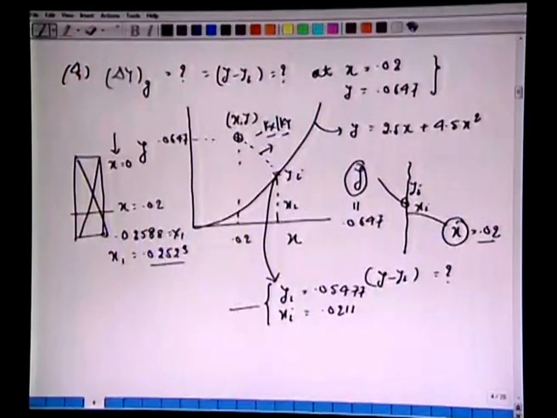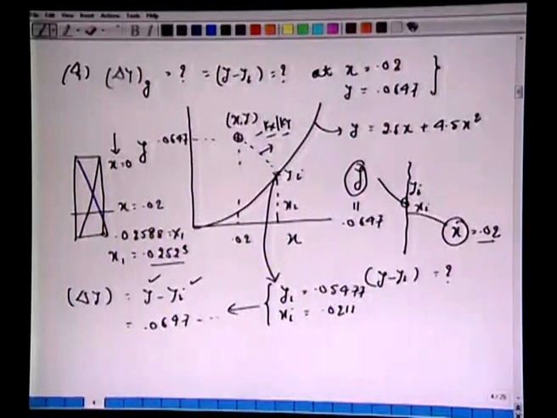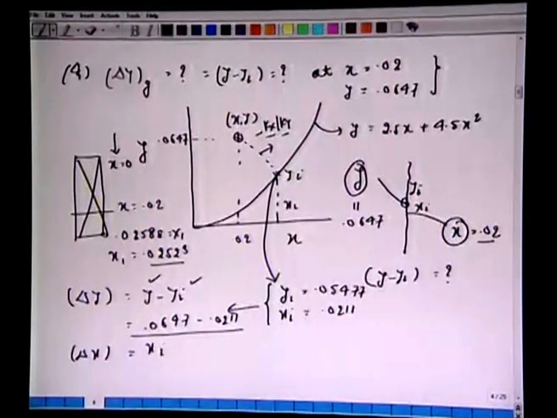Based on this, we have the answer del y equals y minus yi. Y is known, so this equals 0.0647 minus 0.0211. All right. Similarly, one could have also calculated the driving force based on the liquid phase, xi minus x. All right. So, one can obtain these results from the graph.